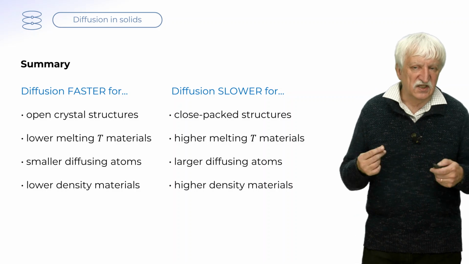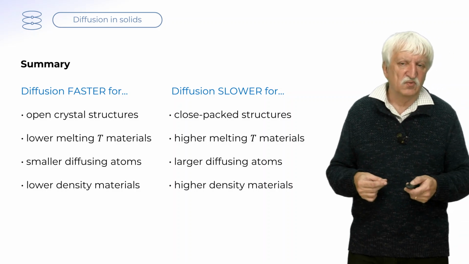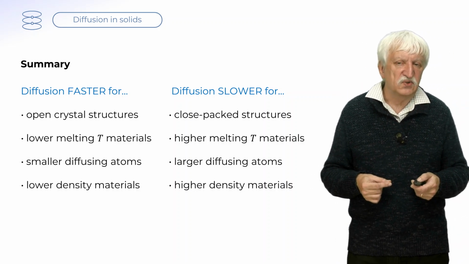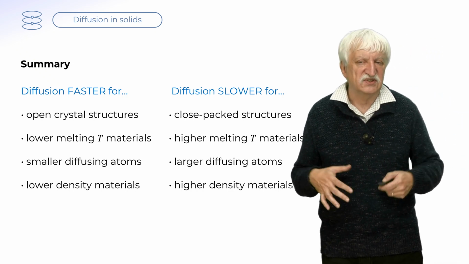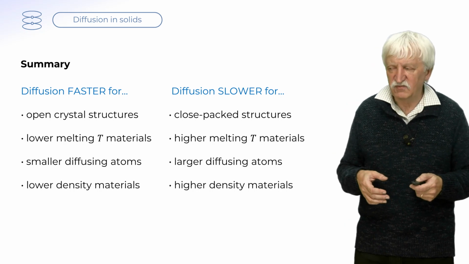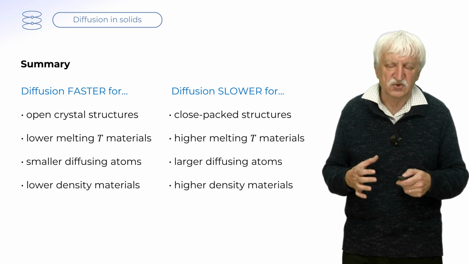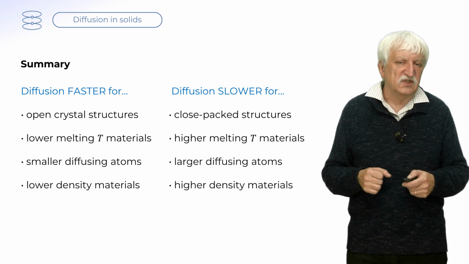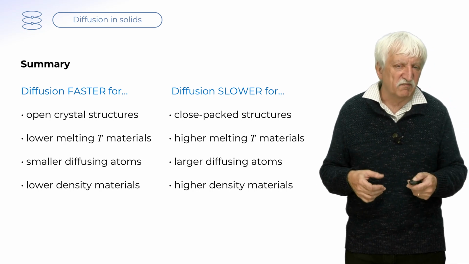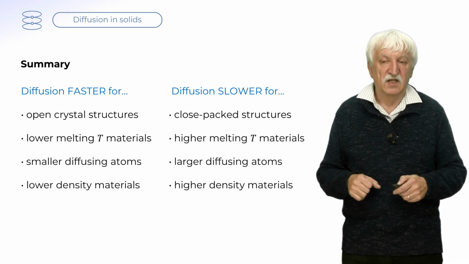Finally, there is a summary. To make diffusion faster, we need an open crystal structure. By open, I mean that the structure should not be complex. The diffusion is much slower for a closer-packed structure.